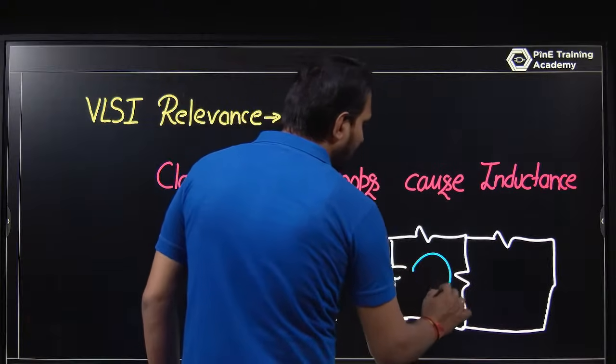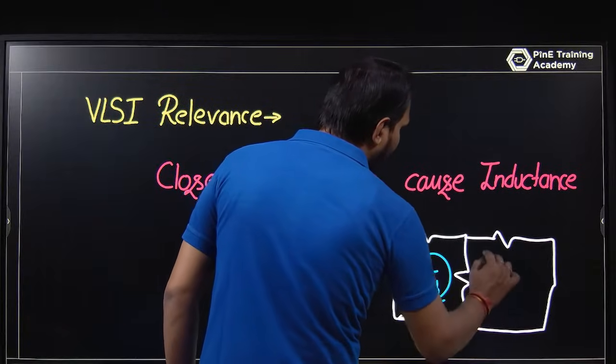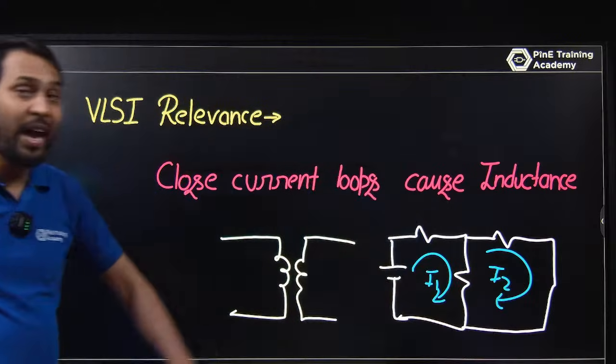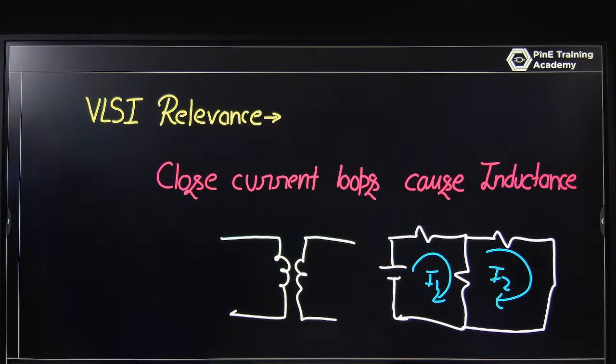This has a voltage, this has a current I1, this has a current I2. I1 and I2 will pass through the resistor in the middle. That is following mutual inductance. So closed current loops cause inductance.